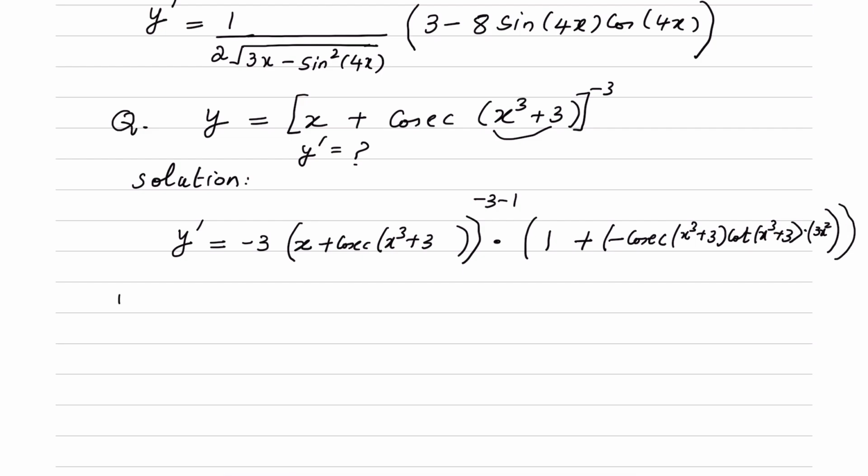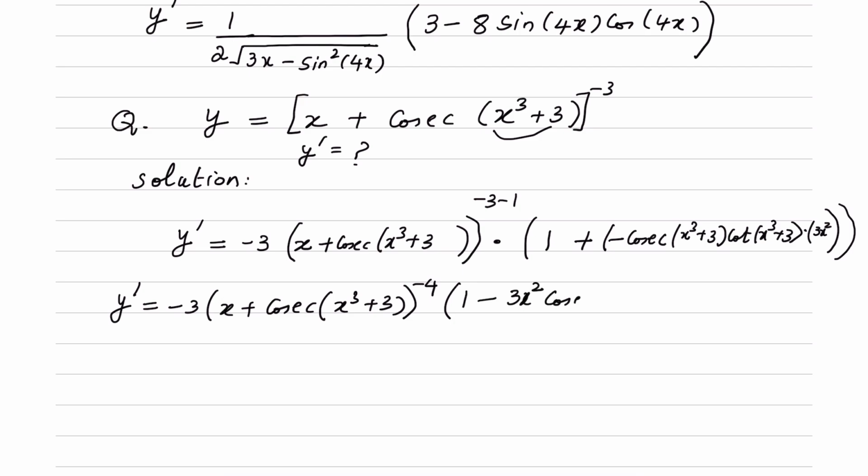Let's simplify this expression. It is minus 3 into x plus cosecant x cube plus 3, to the power minus 4. Here we have 1 minus 3x square cosecant x cube plus 3 cot x cube plus 3.